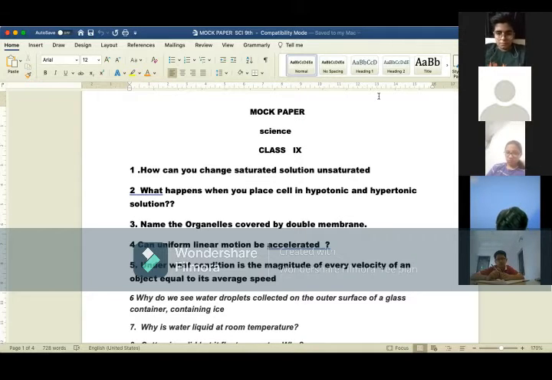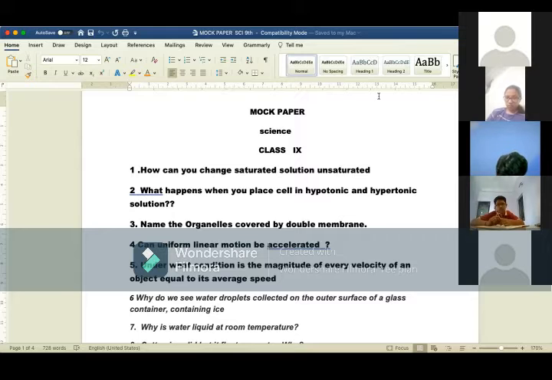So you should write down that a saturated solution can be made unsaturated by raising the temperature, because temperature is one of the factors that affects the solubility of substances. Yes or no? Yes, ma'am. Next question.